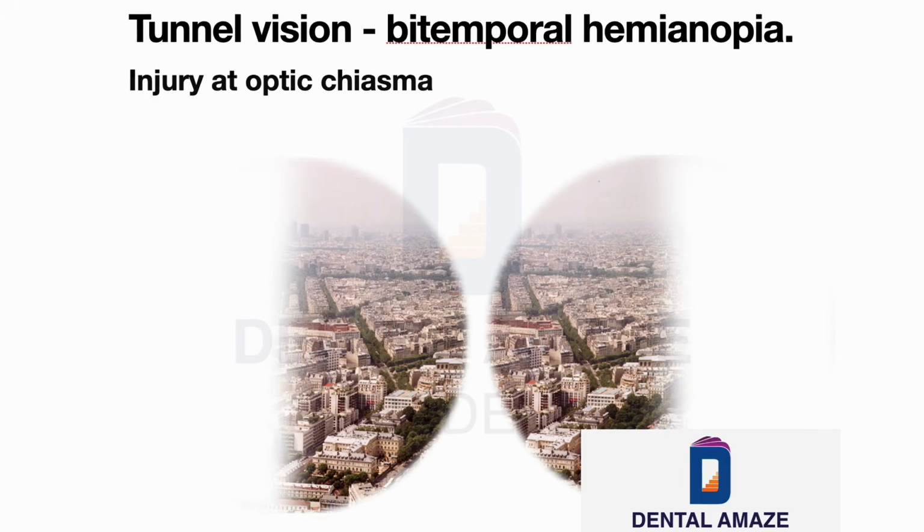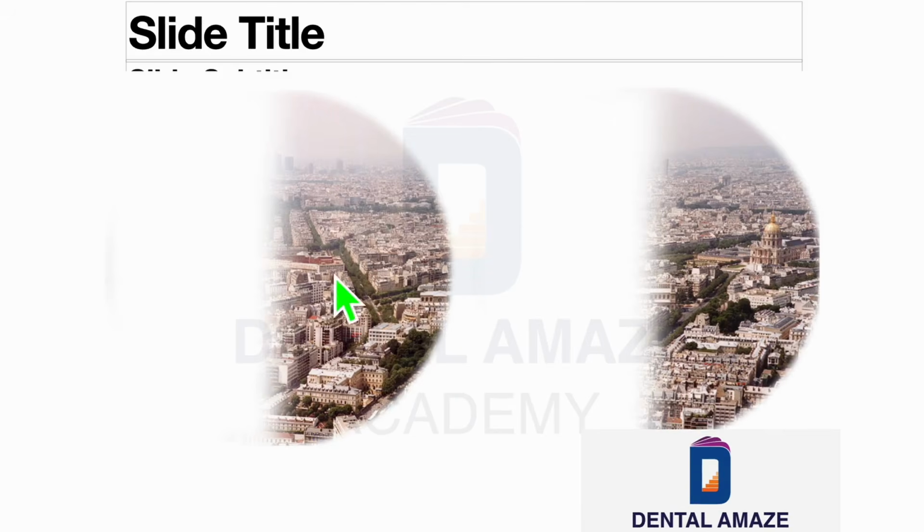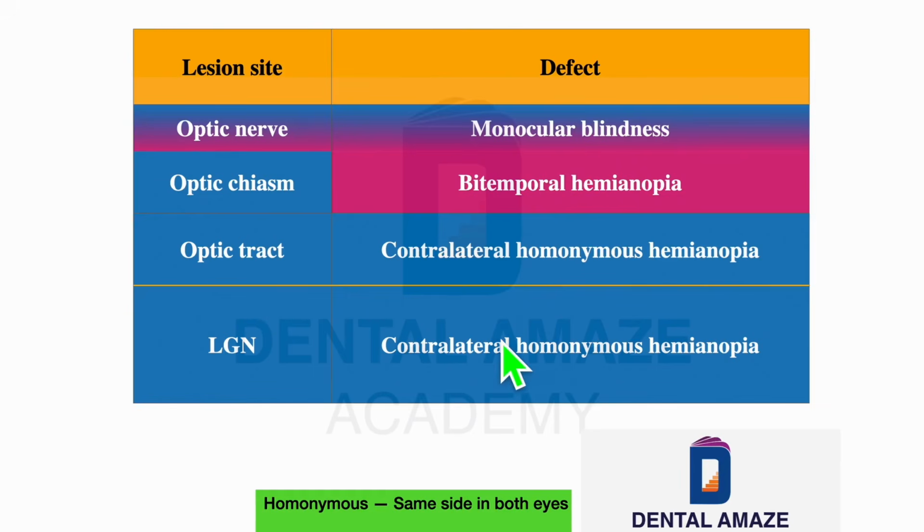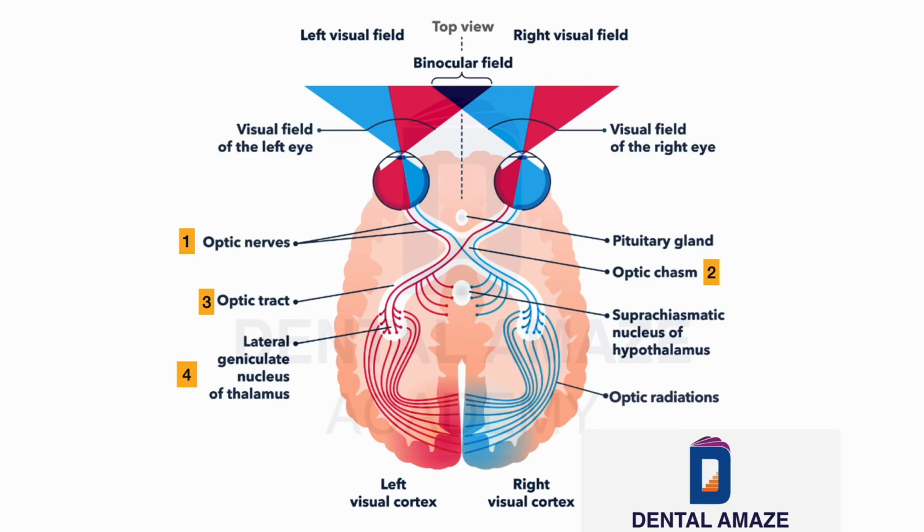See that this was temporal, both temporal. See this picture, the same side in both the eyes. So it's contralateral homonymous hemianopia, half of the vision is lost. Simple to remember: what you're seeing on your left will be lost if there is right optic tract damage.